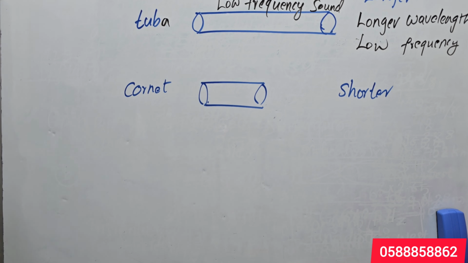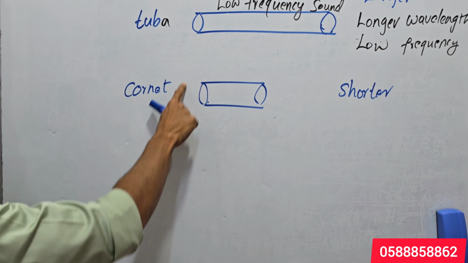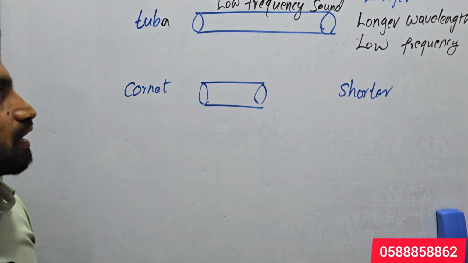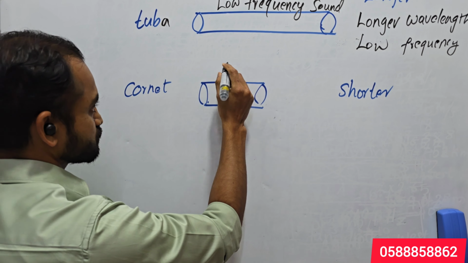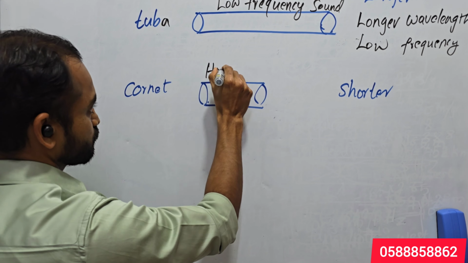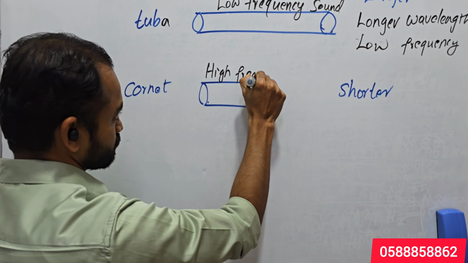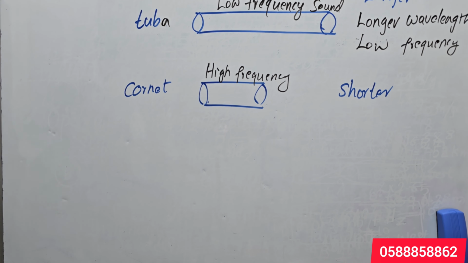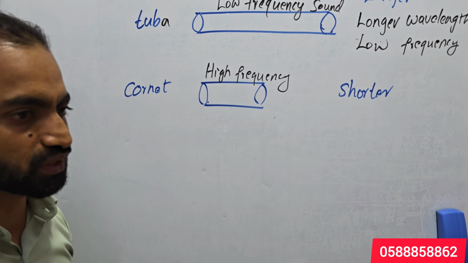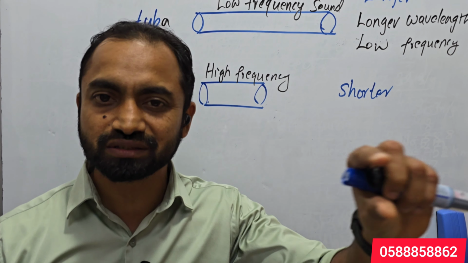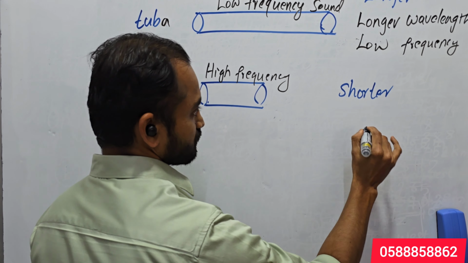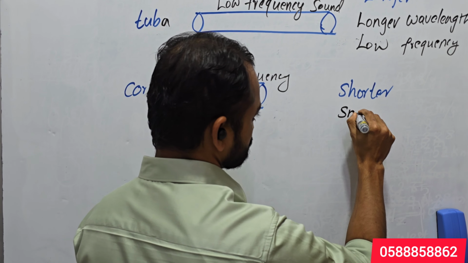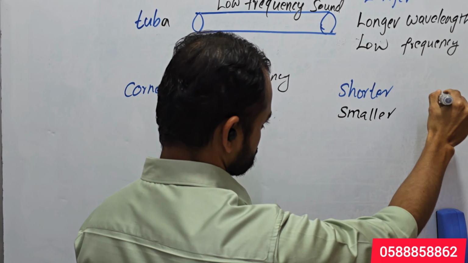Yes. So what must be the purpose of this instrument, the cornet? Its purpose is to produce high frequency sound. To produce high frequency sound, what should be the wavelength? Smaller wavelength, shorter wavelength.